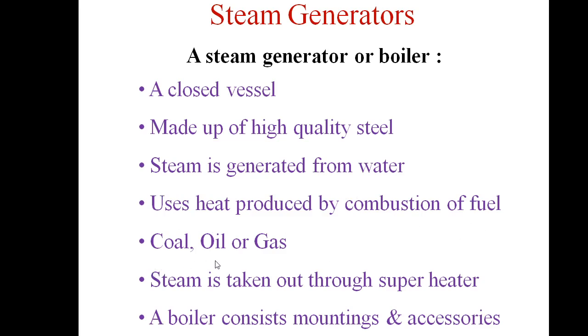Fuel may be coal, oil, gas, and the steam which is produced is passed through the superheater to enhance its heat carrying capacity, and the steam at high temperature is used for various applications. The boiler consists of boiler mountings and accessories. Boiler mountings are the components fixed over the boiler in order to run the boiler safely, and accessories are the attachments or additional components which are provided along with the boiler in order to enhance its efficiency or as heat recovery devices.